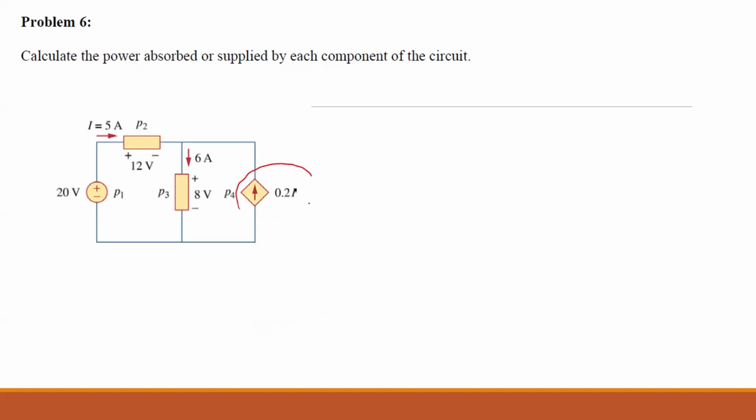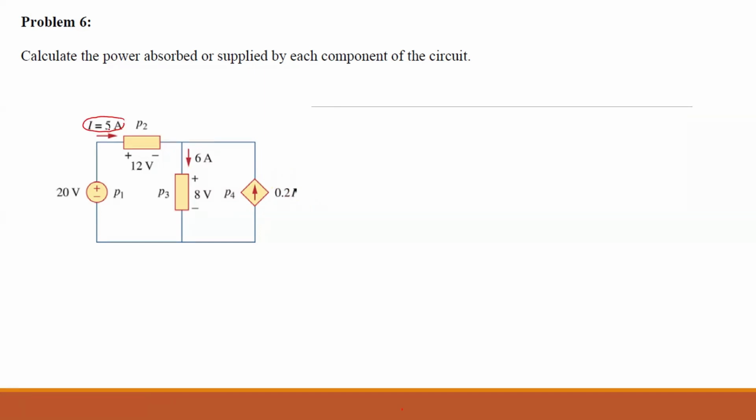Okay. What is the difference here? What is this one? A dependent, or reliant one? Yes, the dependent current source. Why do we call it dependent? Because for this current source, the supplied current is 0.2 times I. I is given in this question, but when you go further, you can see this current is sometimes unknown, so you need to keep this I. However, here I is given to us.